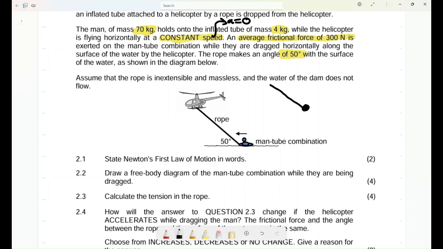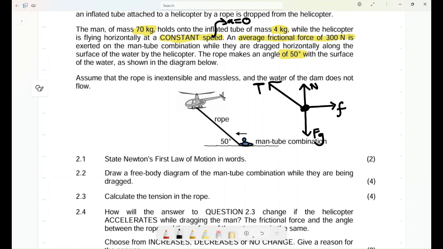The first one I'll have is this force, the force of the rope, which is my tension. Then I'm going to have my FG here. I'm going to have my normal force because now it is on the surface. Then lastly, my frictional force.